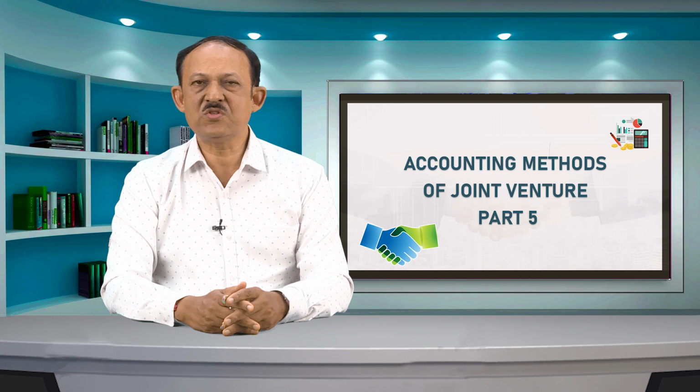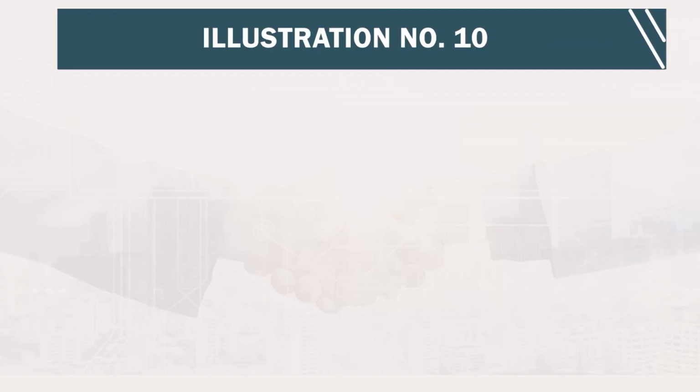You must have also understood that the memorandum method focuses on recording individual transactions by each co-venturer and then using a separate memorandum account to determine the overall financial outcome of the joint venture without the complexities of a full integrated accounting system. Let us solve one more question of the memorandum method by illustration number 10.